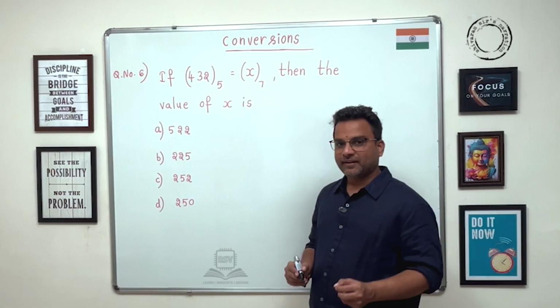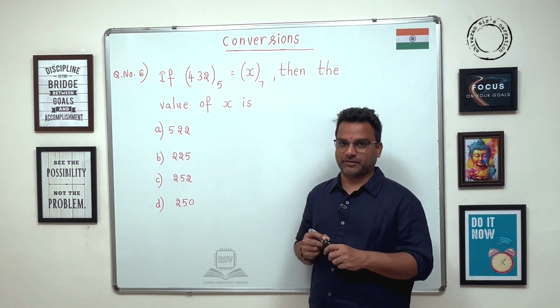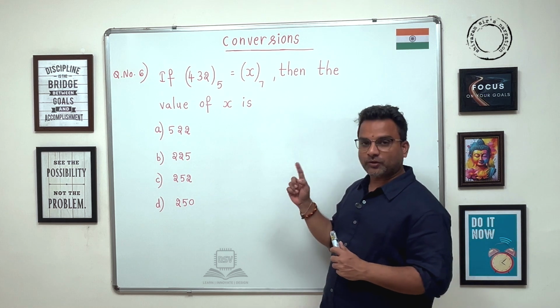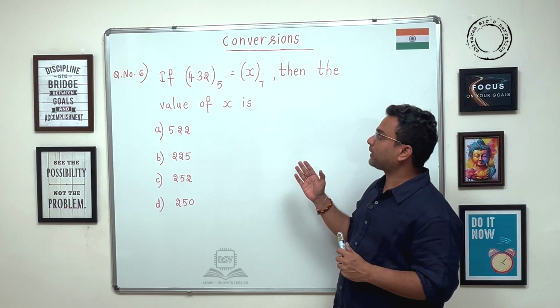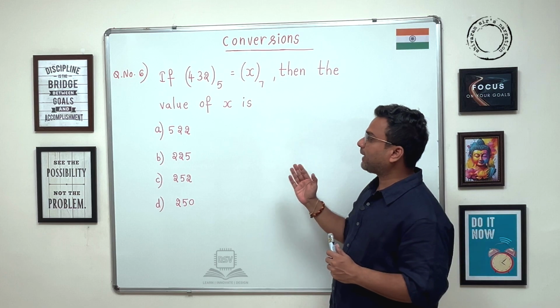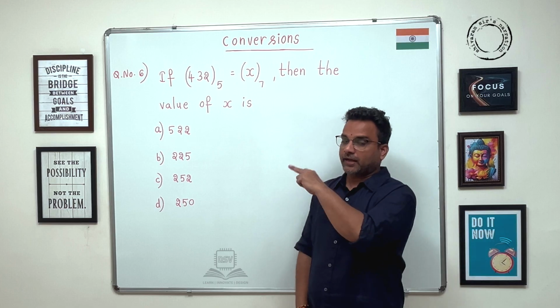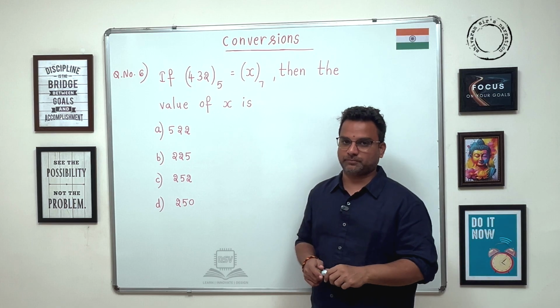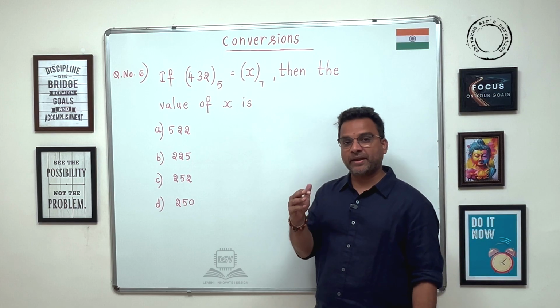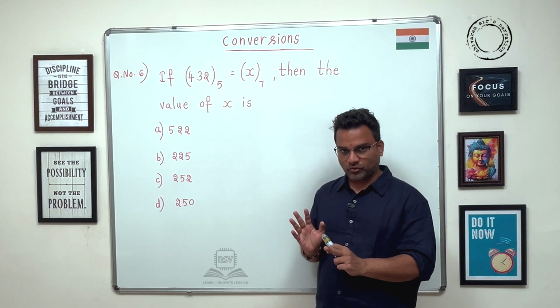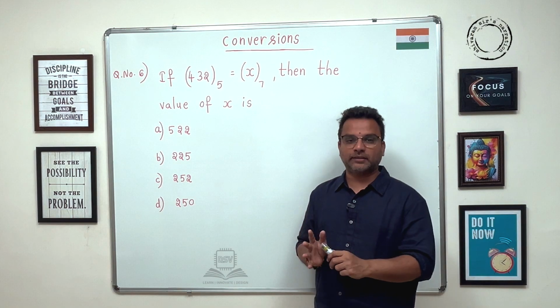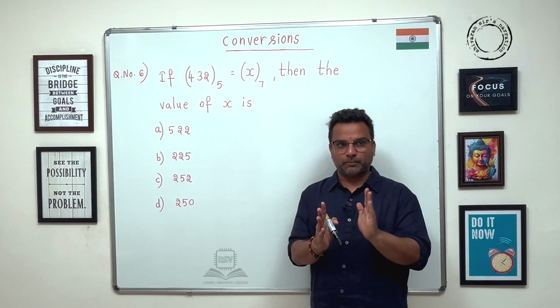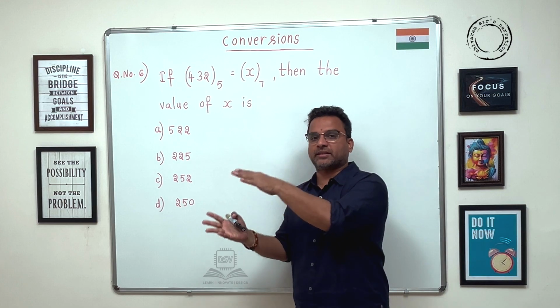Okay? Now let's see the question. Here, if 432 base 5 is equal to x base 7, then the value of x is... The LHS is in base 5 number system, the RHS is in base 7 number system. So this question tells us how you can convert base 5 to base 7.